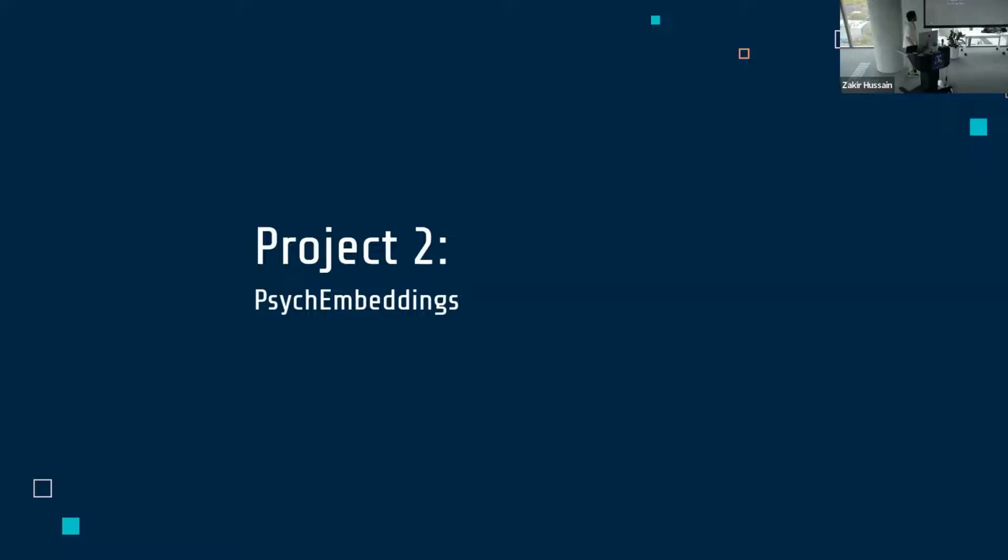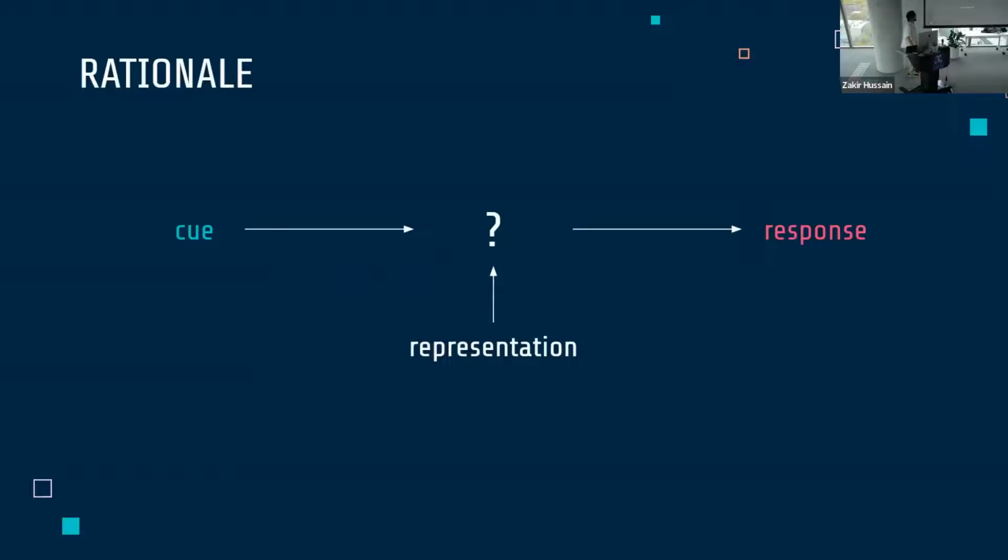And it might be that if we were to use some psychological theory and think more about how people get from receiving a cue like cat to giving a response like fur, then we might be able to obtain higher quality representations by thinking about this process.